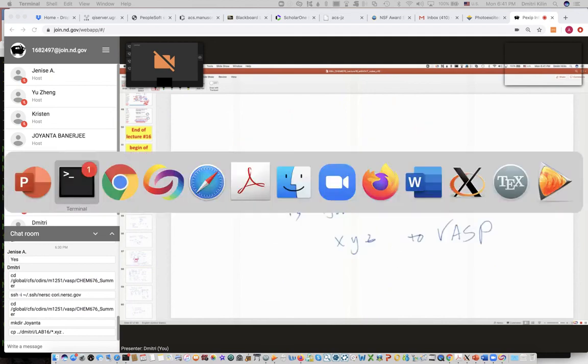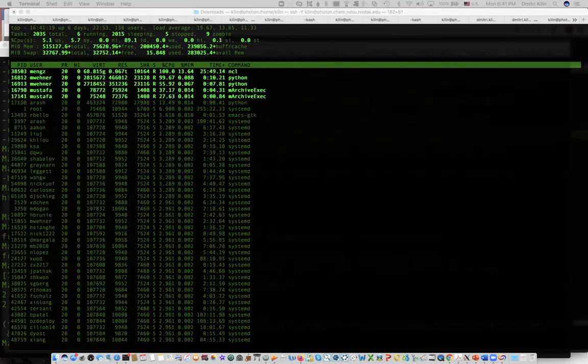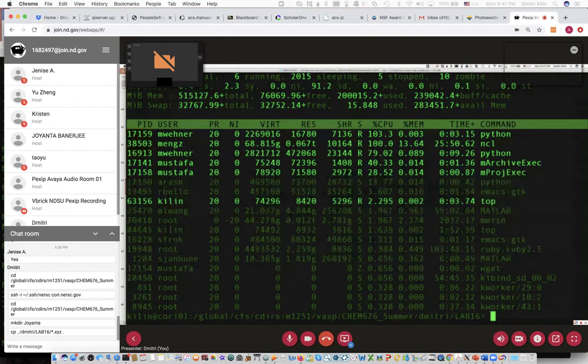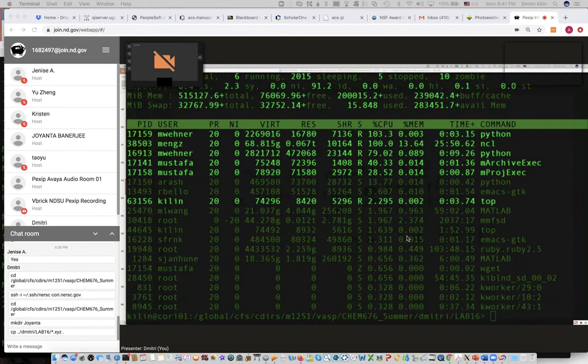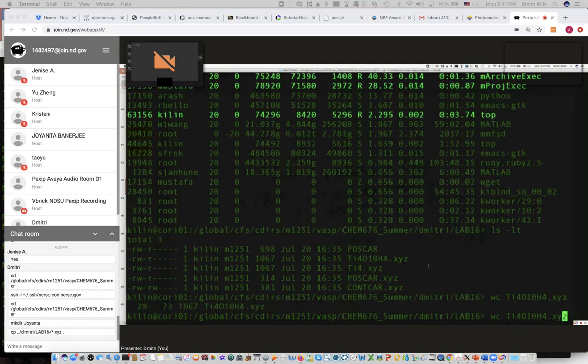Let me show practical steps. I'm going back to the terminal, pressing Control C to stop this top, and I'm going to process the file. Let me check wc on titanium4, the file without something.